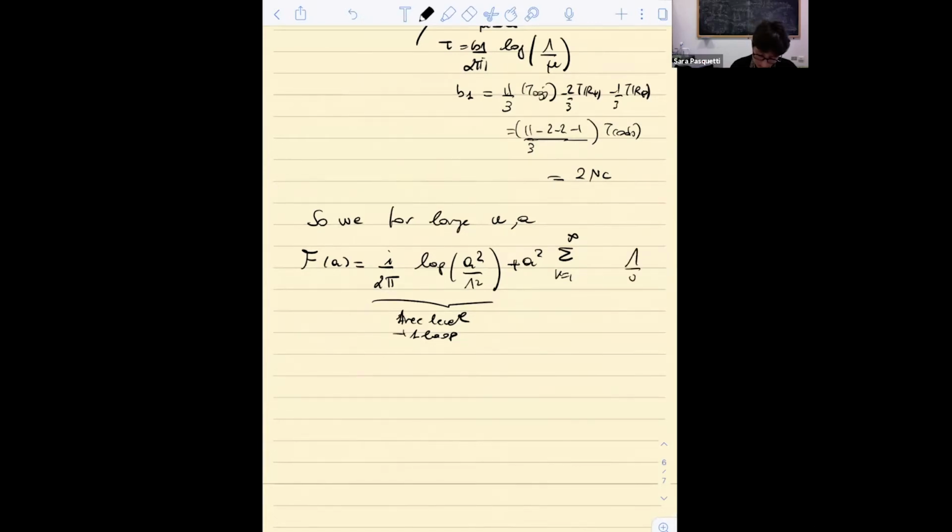They should come in the combination lambda over A to the 4k. That's what is allowed by U(1)_R symmetry, with some coefficients. These we don't know.